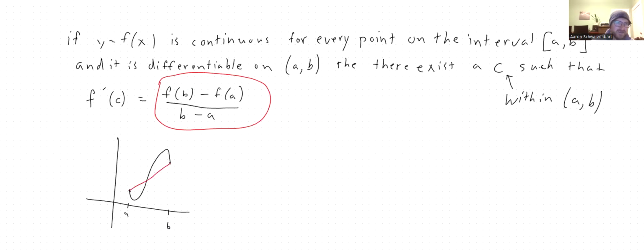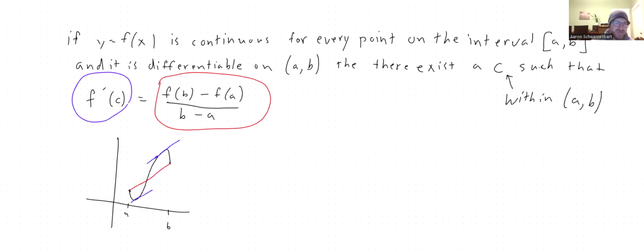There exists somewhere in there, and with it being a smooth curve, which is differentiable, there's going to be some point in here where the instantaneous rate of change is equal to the average. This particular example probably has two, one down there, one up here. It doesn't have to have two, it just says there has to be one. So even if it's a straight line, there's all kinds of points. But any curve will have that.